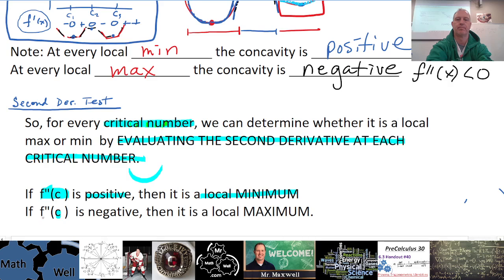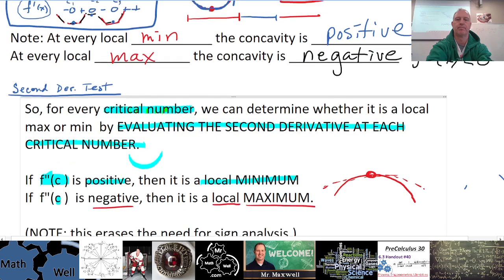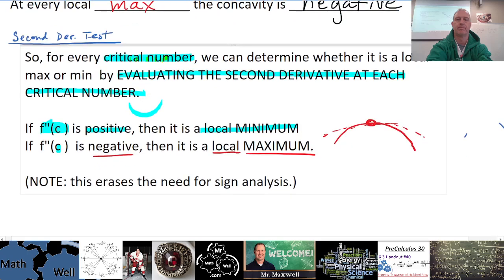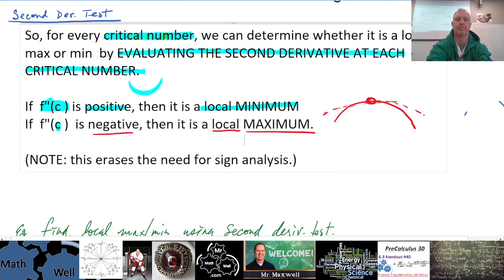And if the second derivative evaluated at c2, let's say another critical number, ends up negative, then we have a concave down section, which means this graph must be concave down here, so that must be a local maximum. And in summary as well, you don't have to do sign analysis this way.